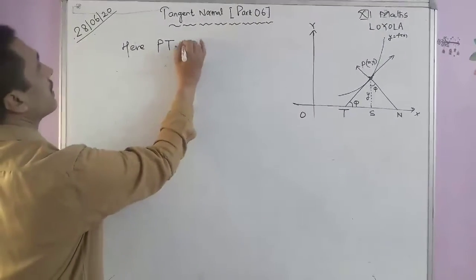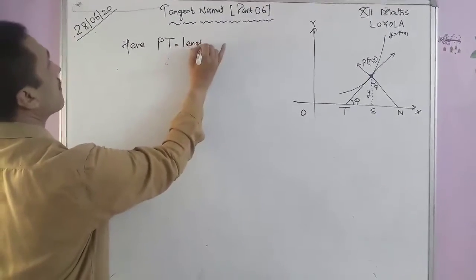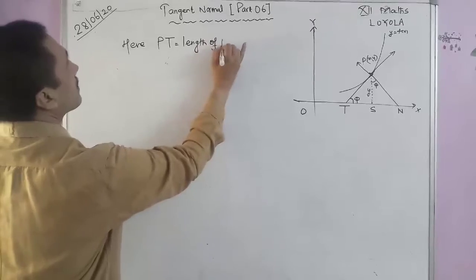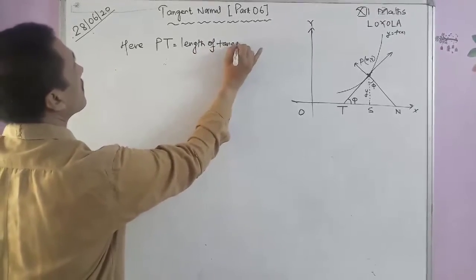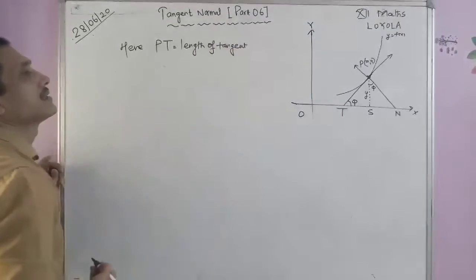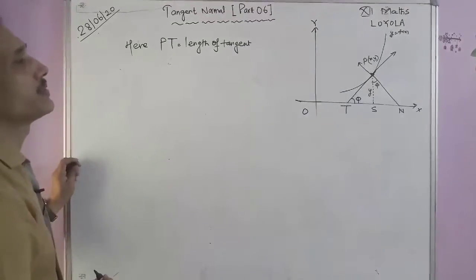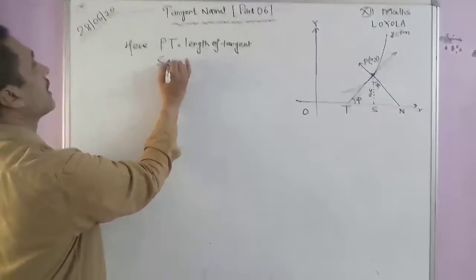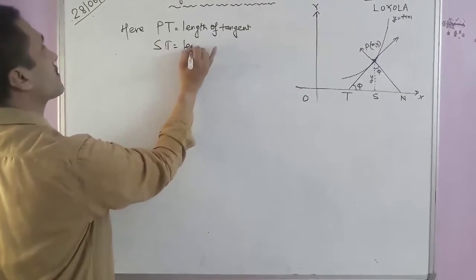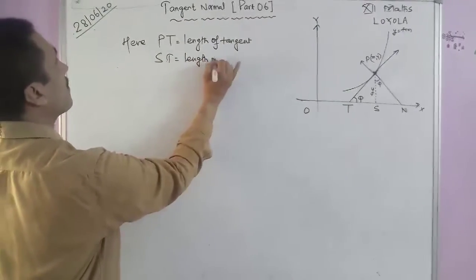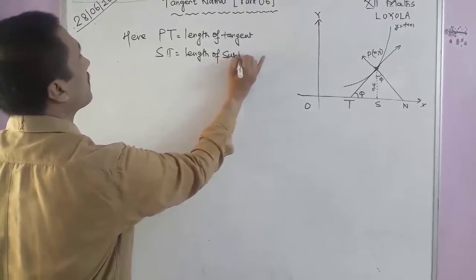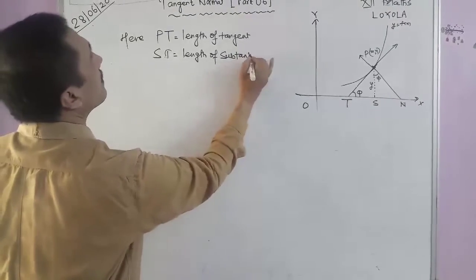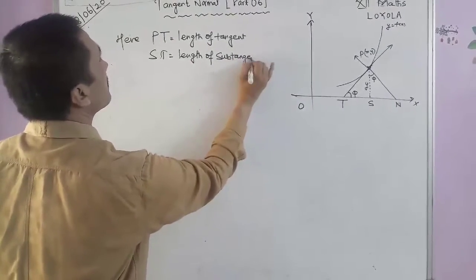PT here is the length of tangent at the point P(x, y) to the curve, and ST is the length of subtangent.